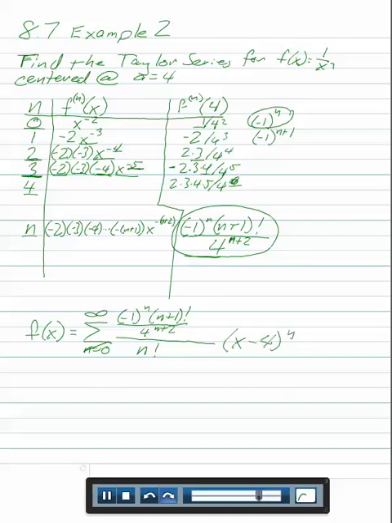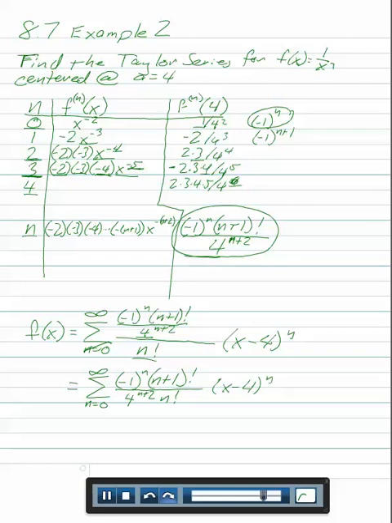We can simplify. This is a fraction and a fraction, so the 4 and the n factorial are on the same level. So that's the series from n equals 0 to infinity, negative 1 to the n times n plus 1 factorial, over 4 to the n plus 2 times n factorial, x minus 4 to the n.